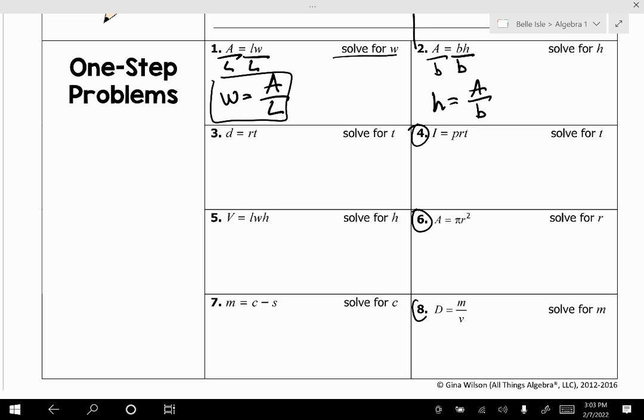Four, 6, and 8. I appreciate all the discussion, but let's go ahead and put the pencil on the paper. That'll help. I got it.